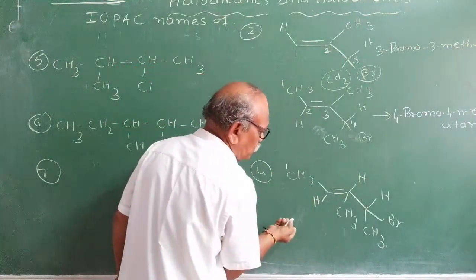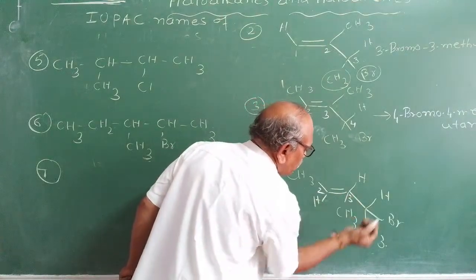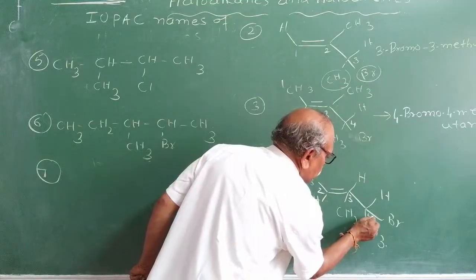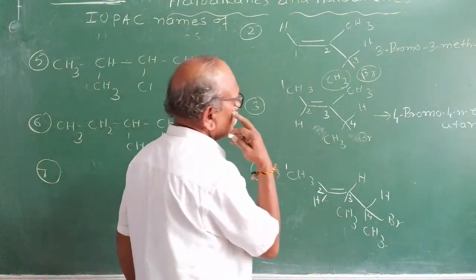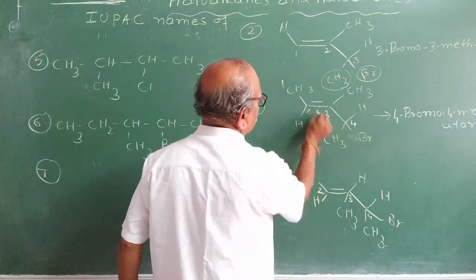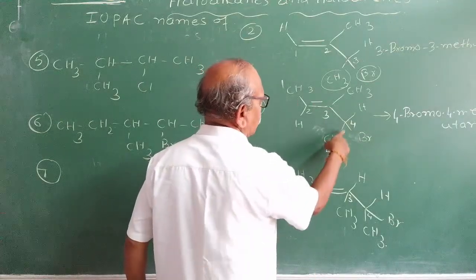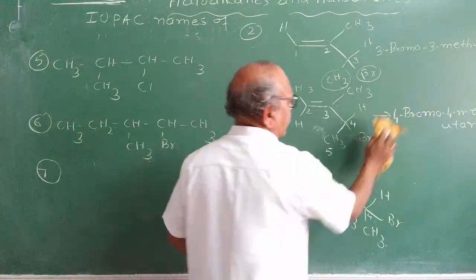First of all, numbering should be started from this end. 1, 2, 3, and this one is 4, the end carbon atom. Is it not a continuous chain now? You would have taken it as pent also. Fourth, fifth, it will be in the side chain. Check it again.